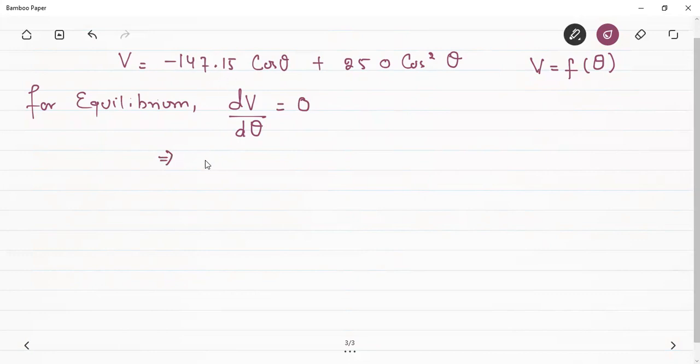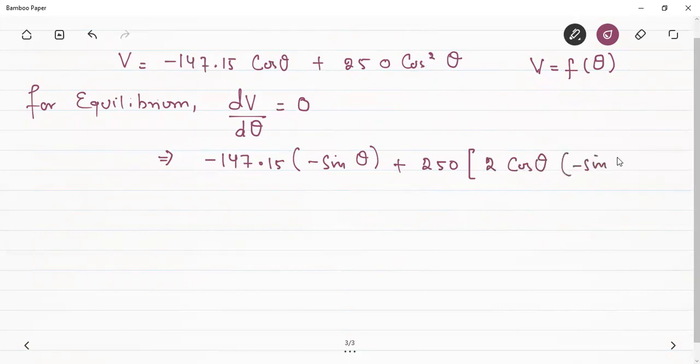So from here we get that minus 147.15, the differentiation of cos theta will be minus sine theta, plus 250, the differentiation of cos square theta, that is, it will be equal to twice cos theta, and the internal differentiation of this cos theta, that will be equal to minus sine theta. So this term has to be 0.